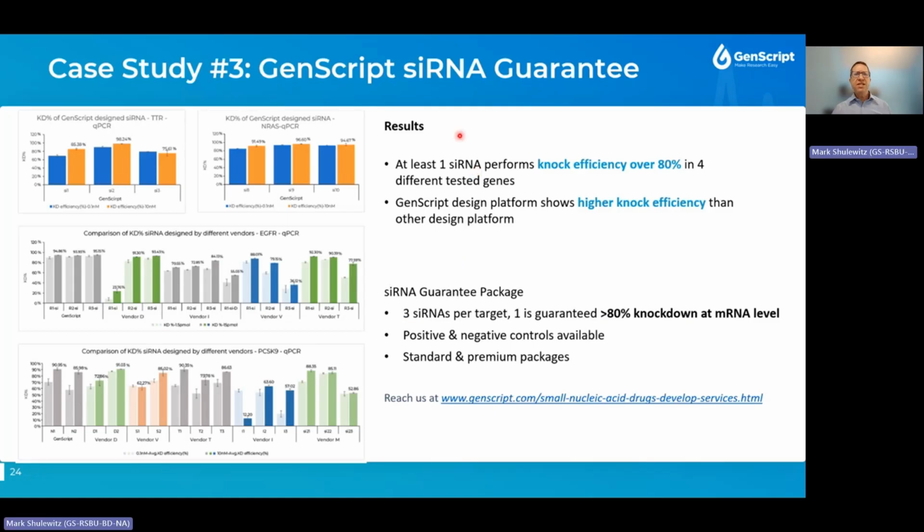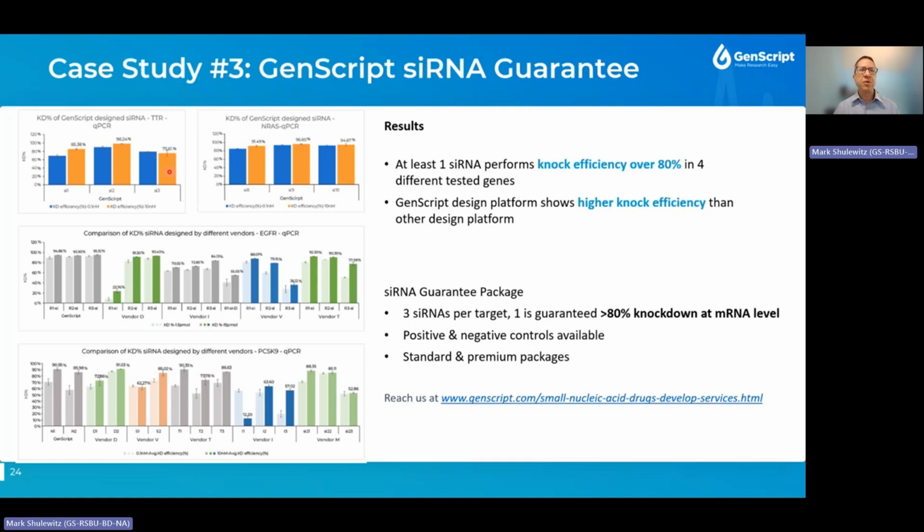So in this slide, at the top, we're looking at 2 different genes, TTR, transthyretin, as well as NRAS. In both cases, we've designed and tested 3 siRNAs against the same target. And you can see on the left side, 2 of the siRNAs worked really well, got over 80% knockdown. One worked less well.